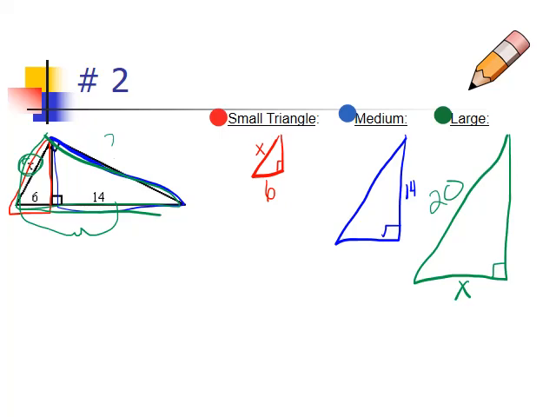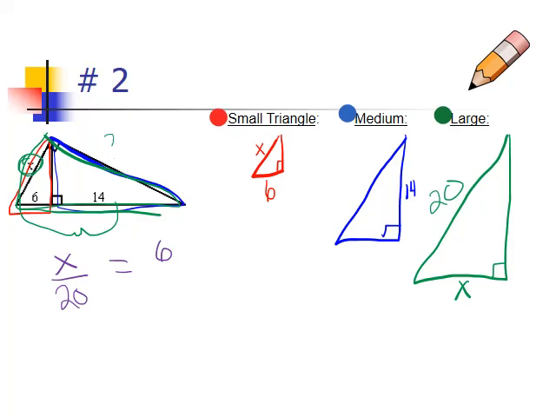So what I'm going to do here now is set up a proportion. So I'm going to compare the hypotenuse to the hypotenuse, which is going to be x over 20, equal to the short leg over the short leg. Remember, if we're going from small to big on one ratio, we're going to have to go small to big on another ratio.